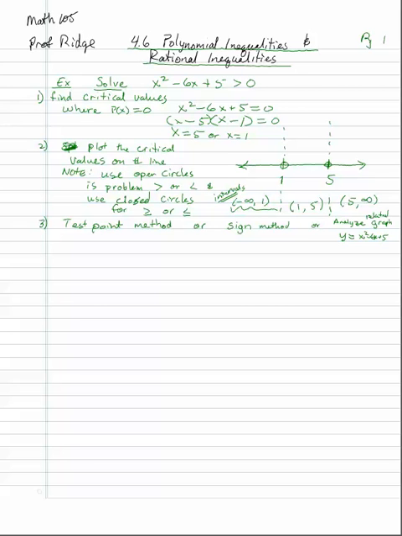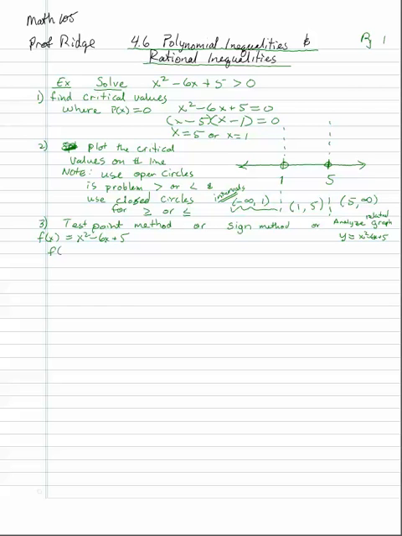So for the test point method, you're going to pick one point in each interval. So we're going to test, let's say f of x equals x squared minus 6x plus 5.